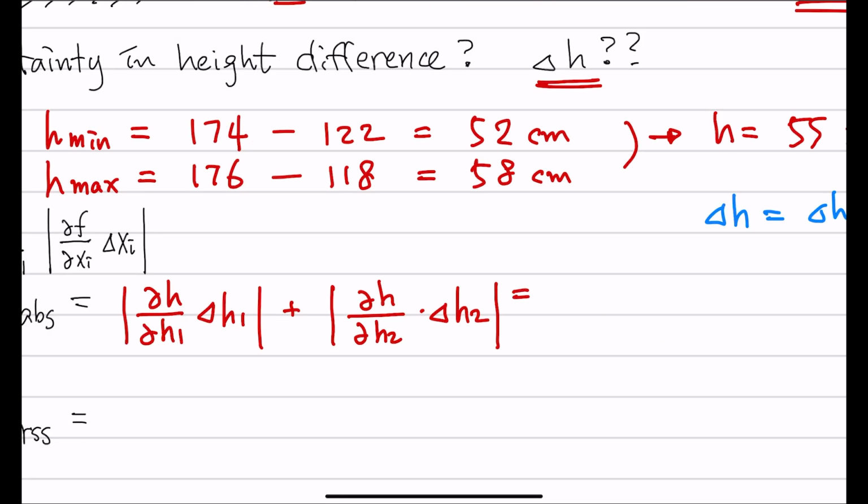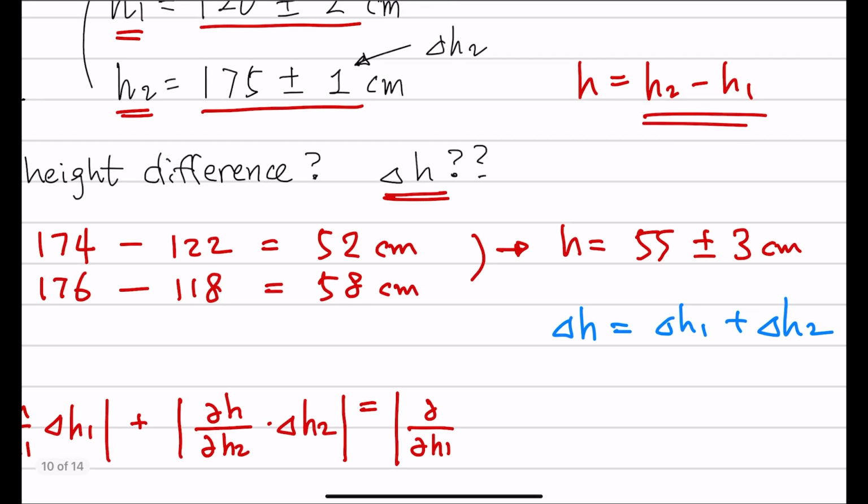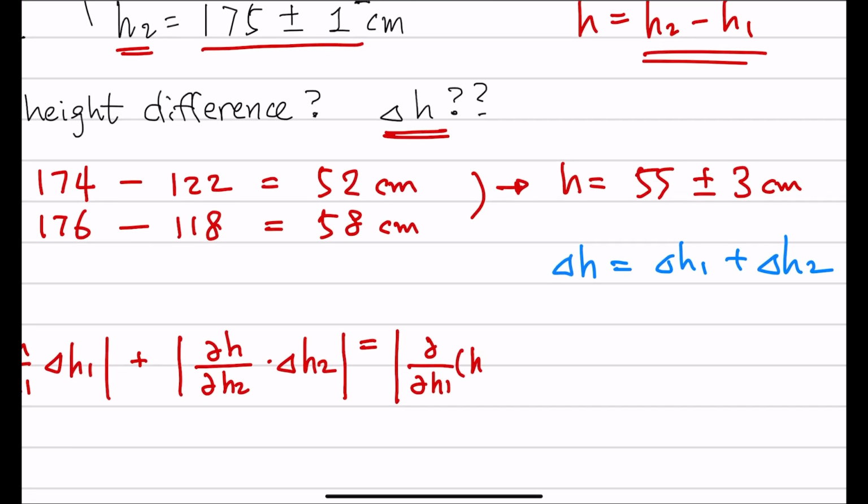And from here we can have delta H1, and what's this H? This H was H2 minus H1, so it's H2 minus H1. And don't forget about that delta H1, like that.